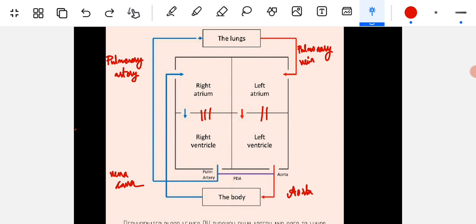Why should the valve be there? Because if the blood is put in a forward direction, it should not come back to the previous chamber.